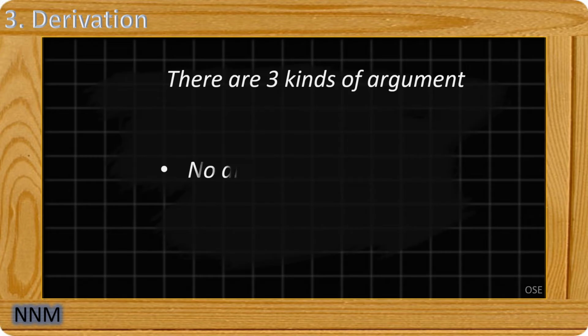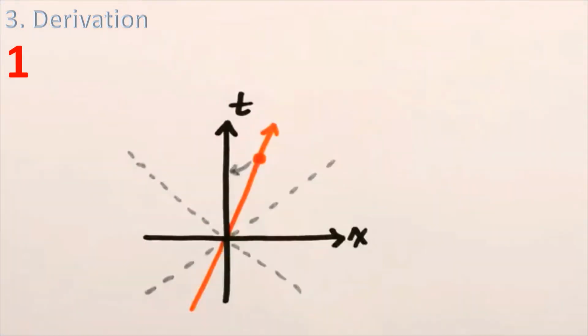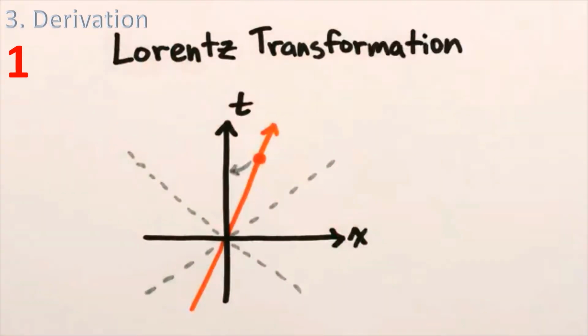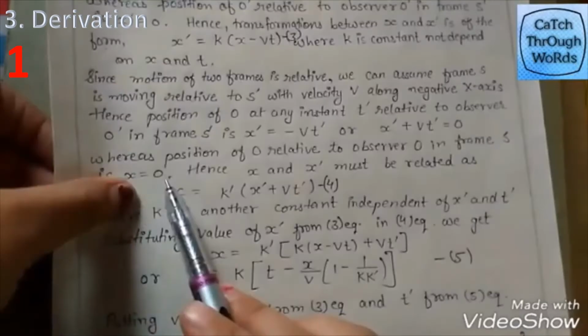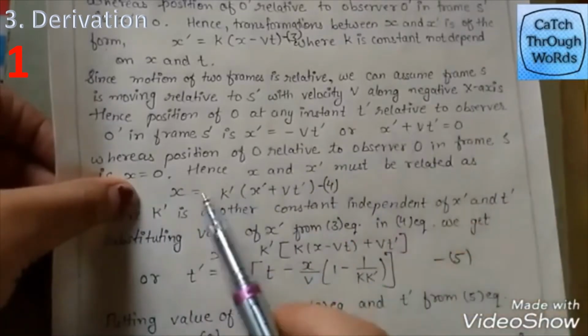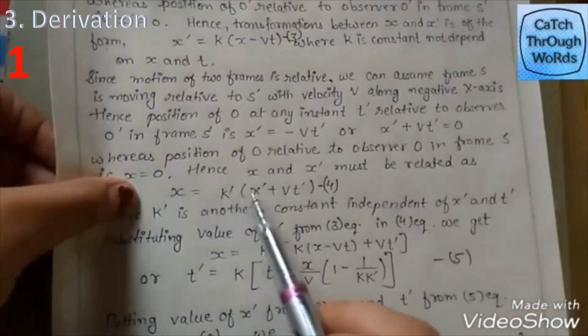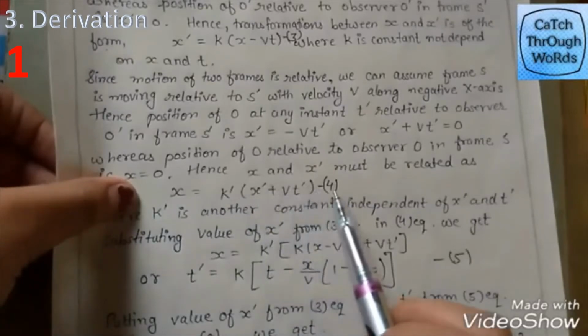In the derivations, there are three types of arguments. These are called Lorentz transformations, named after one of the first people to derive the correct mathematical expression for them. So again, putting the value of 0 from here, we will get x is equal to k times x dash plus vt dash, and this will be our fourth equation.